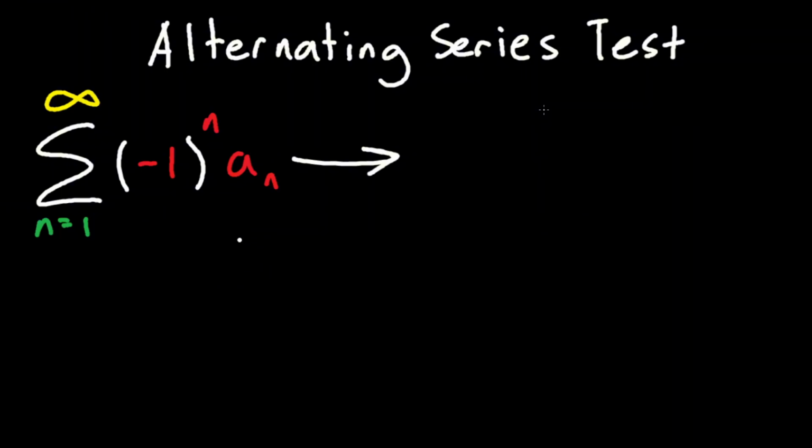It could be 1 over n squared plus 2. But you just take the absolute value of this, which cuts out the alternating part, and you just get something called b of n. B of n is equal to the absolute value of your series.